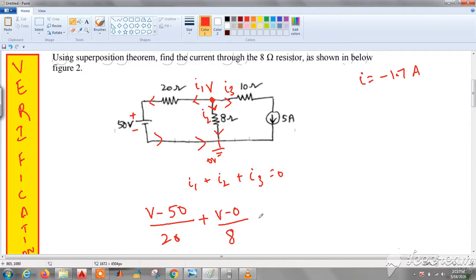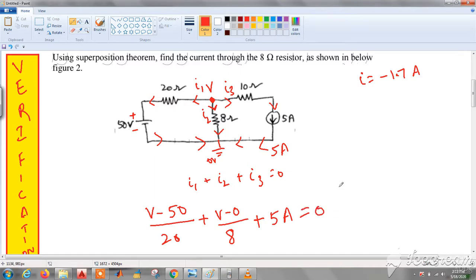And now coming to I3, we can see that I3 is same as 5 amperes. We have got a 5 ampere current source in this branch, and it is flowing in the same direction as we have taken for I3. So I3 is 5 amperes. Directly we can write it, plus 5, equal to 0.